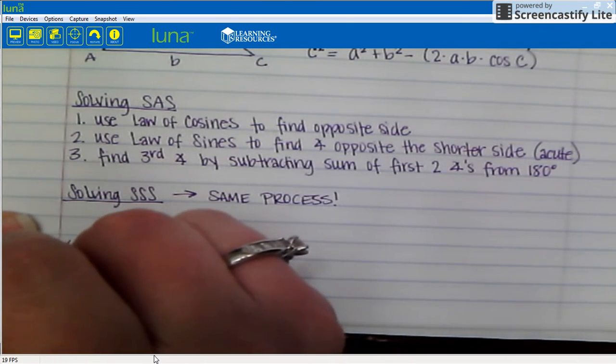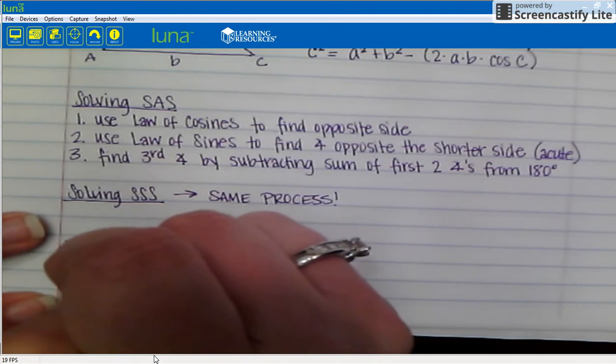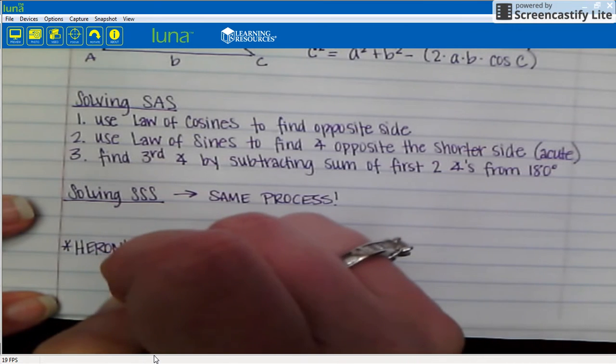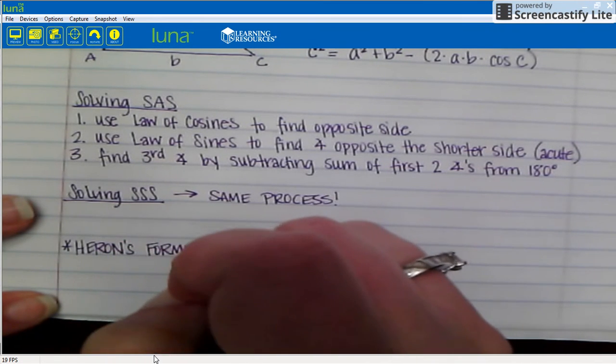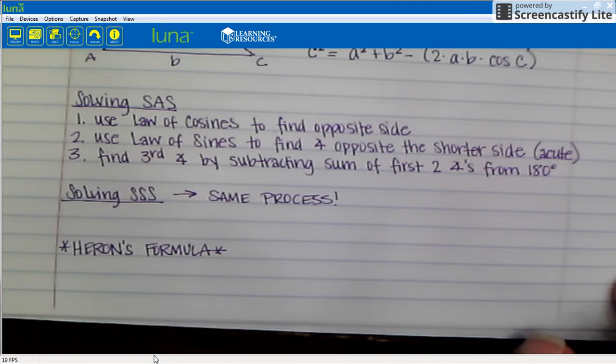The last little piece of information you need for law of cosines is what we refer to as Heron's formula. Now, Heron's formula states that you can find the area of a triangle even if all you know are the side lengths.